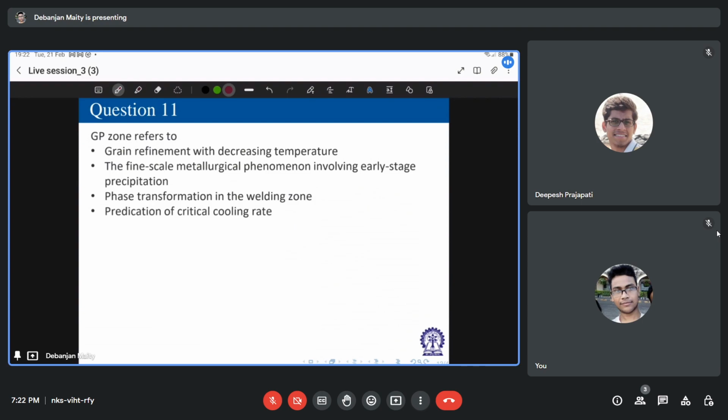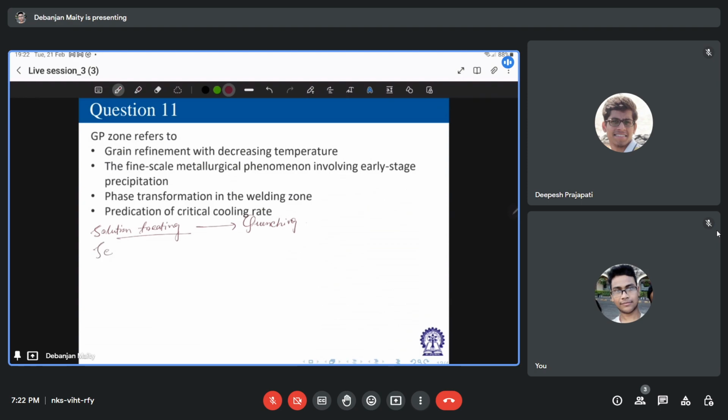There is a mechanism called solution treating, and then you are doing quenching. In such alloy systems, the second phase is in solid solution at elevated temperature, but it always precipitates during quenching.